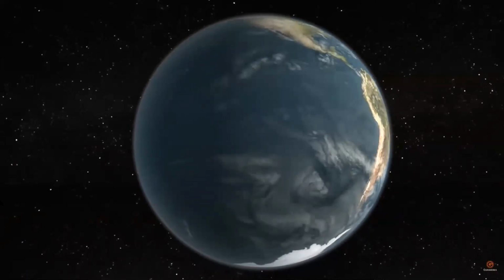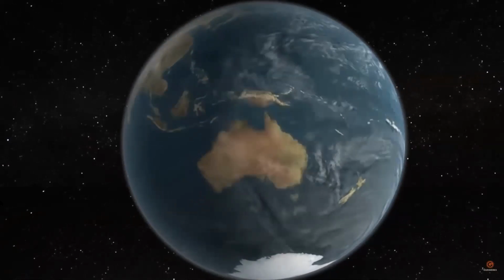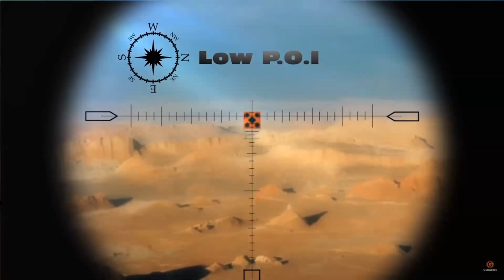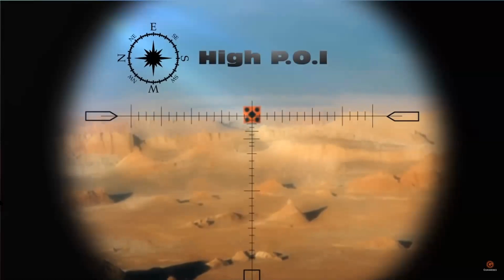The Earth rotates from the west to the east. So if you're shooting west, your target is going to rotate up and towards us, which is going to cause the bullets to hit lower. And if you're facing east, the target is going to be dropping and slightly moving away, which is going to cause the hits to be higher.